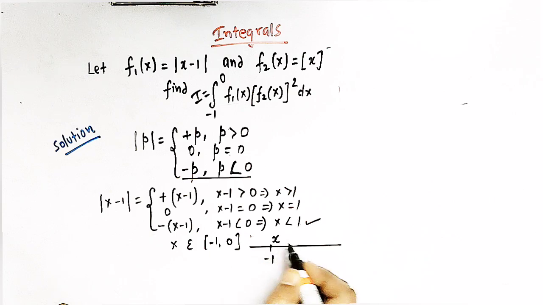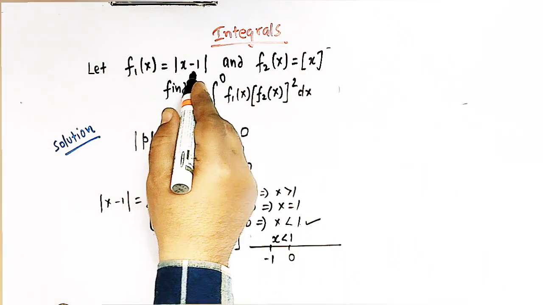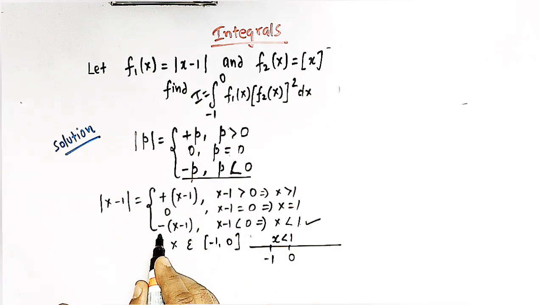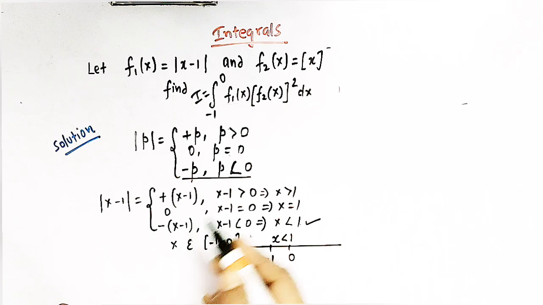So here x is less than 1, so all the values of x falling in this interval are less than 1. So here mod of x minus 1 can be written as negative of (x minus 1) when x is less than 1, because here the limits of integration are from minus 1 to 0, right?